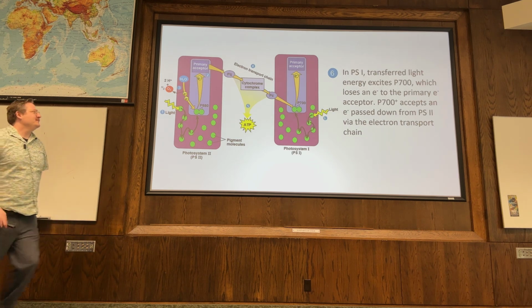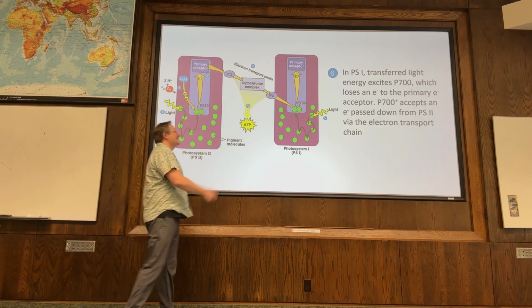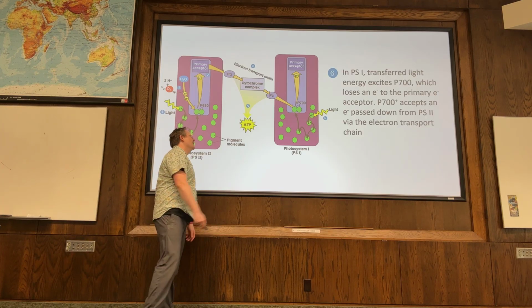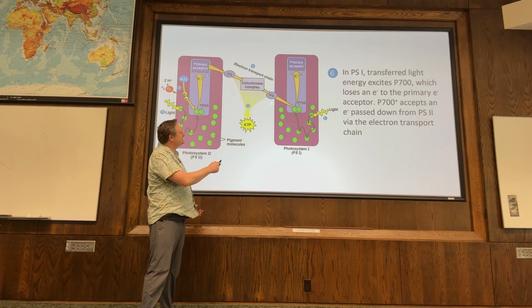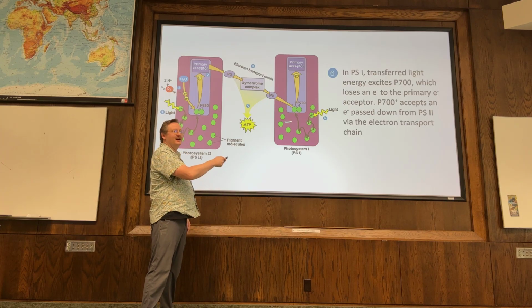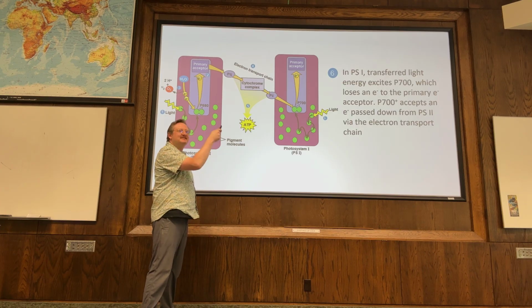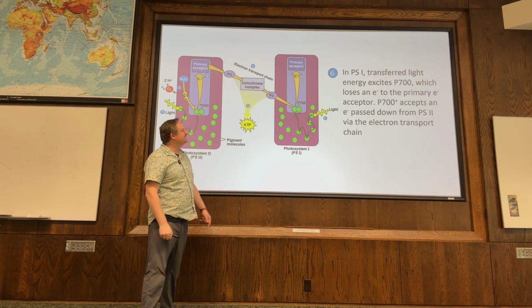Now the electron's at a low energy state, and that electron is going to be taken up by P700 plus. Okay? So that electron's at the end of the electron transport chain. P700 becomes excited by light energy and blasts off an electron to a primary acceptor.